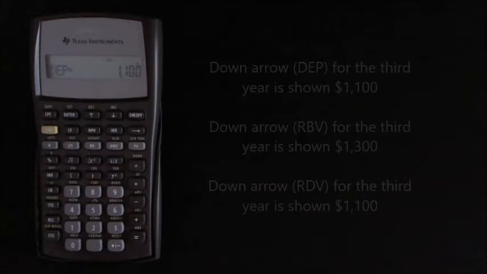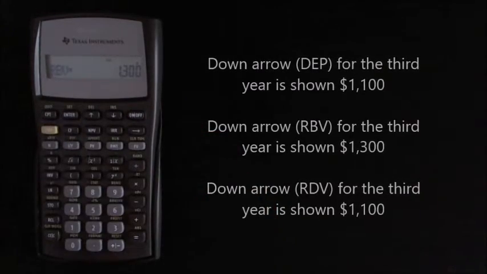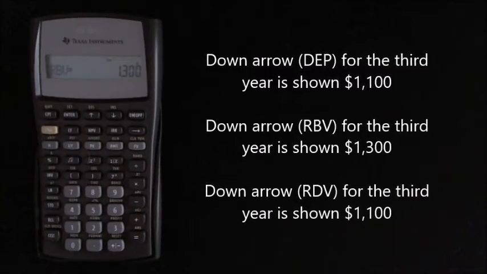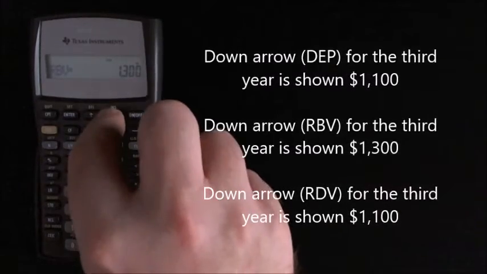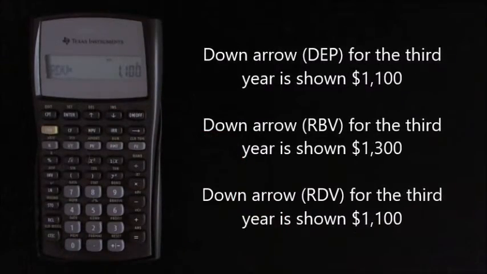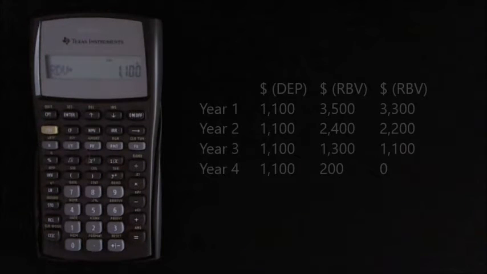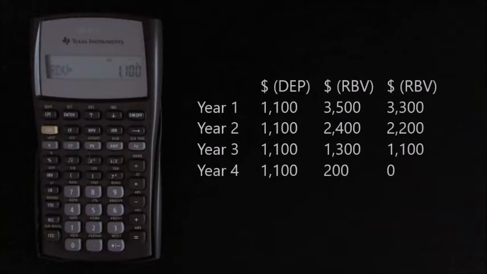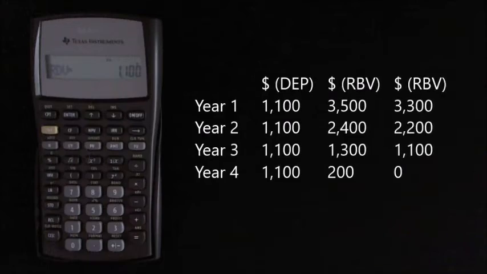Again, it gives you the depreciation for that year, and then it gives you the remaining book value, or in the case of the example that we're looking for, the remaining net book value, and the down arrow again gives you the remaining depreciation value. Now you can have a play around yourself by changing the number of years and see if the figures tie up with the data here on the screen.